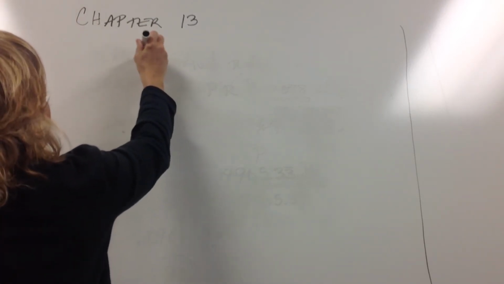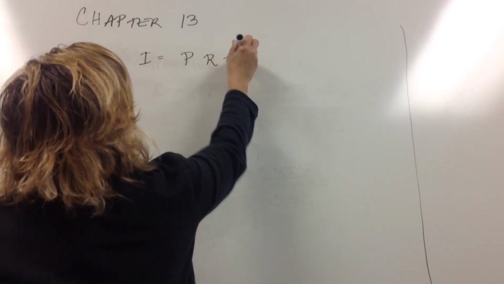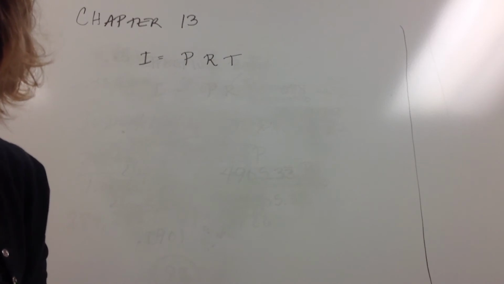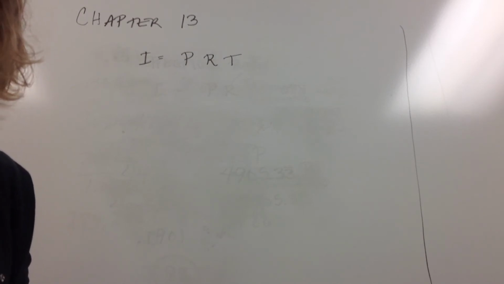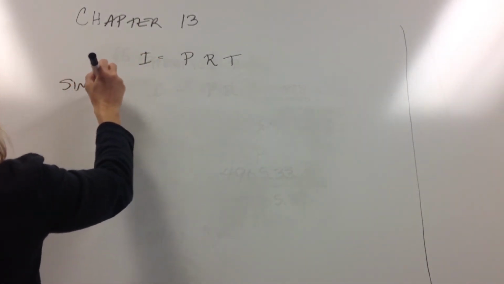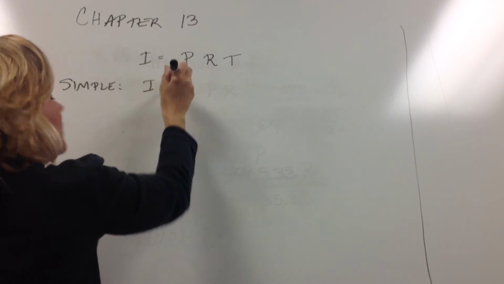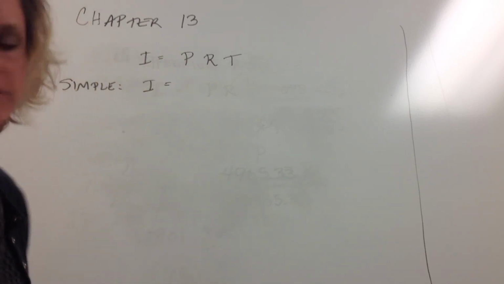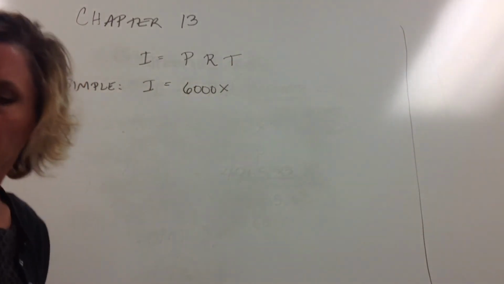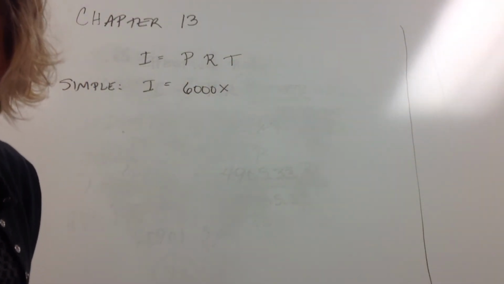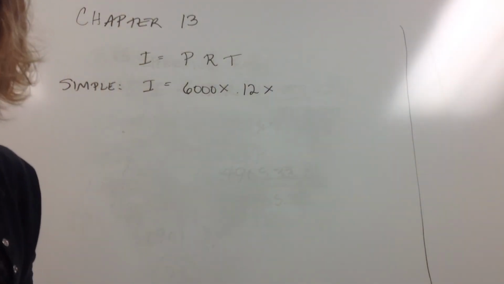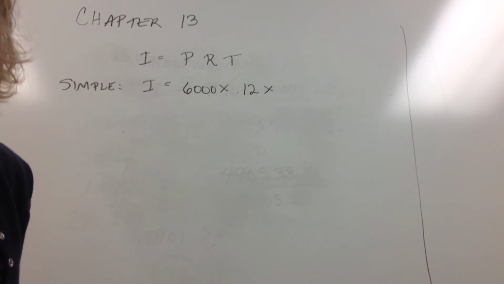So again, our calculation is our principal times rate times time for our interest. So with our simple, we just simply take the $6,000 that he needs to borrow times the rate of interest that they are charging him, which is 12%, times our time of 180 days.